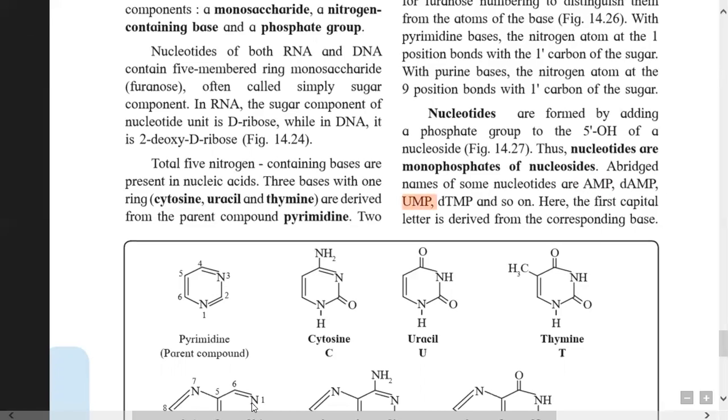UMP means uracil monophosphate. dTMP means deoxyribose thymine monophosphate. Like this, abridged names are used. Here the first capital letter is derived from the corresponding base like adenosine or thymine or uracil.